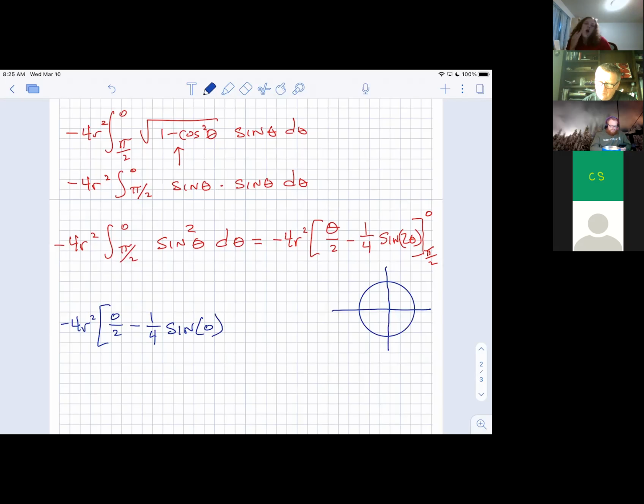Zero degrees or 0 radians is here. You don't have a choice. That's where you are. And what is the sine of that angle telling you?